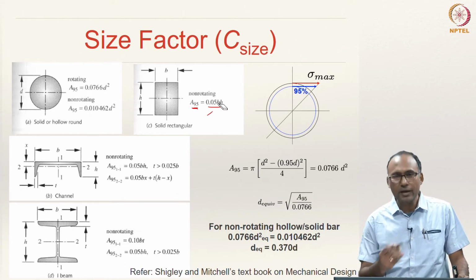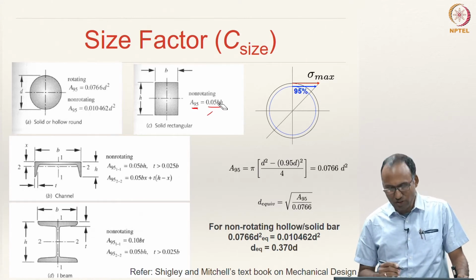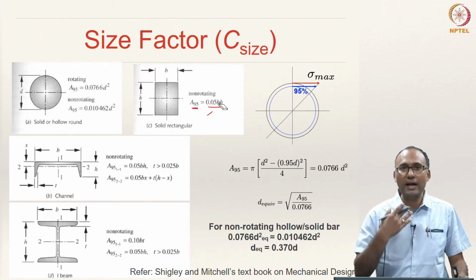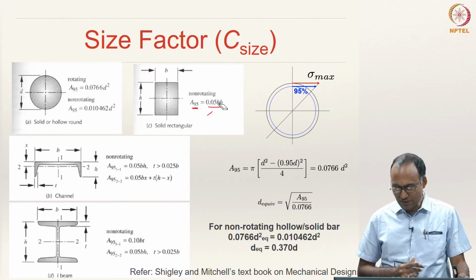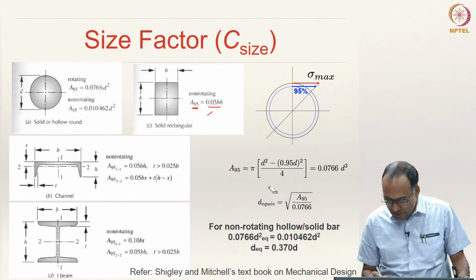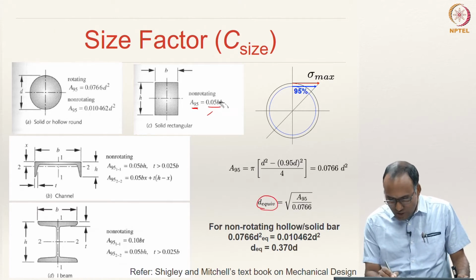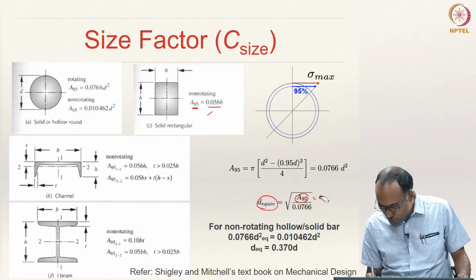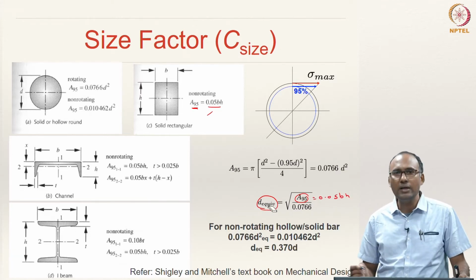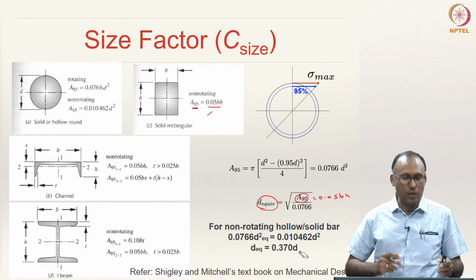That is the area that is subjected to greater than 95% of the maximum stress. So, you plug in A95 equal to 0.05 times BH, and then calculate the equivalent diameter.